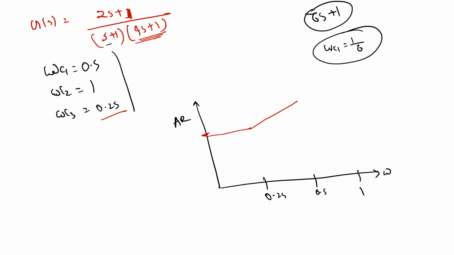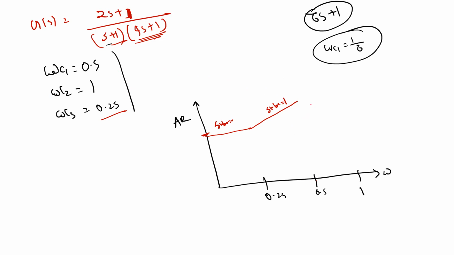Fine. And beyond that, the slope is 0, then slope equals 1, and beyond, with 2s plus 1 and s plus 1, the slope would again be minus 1.